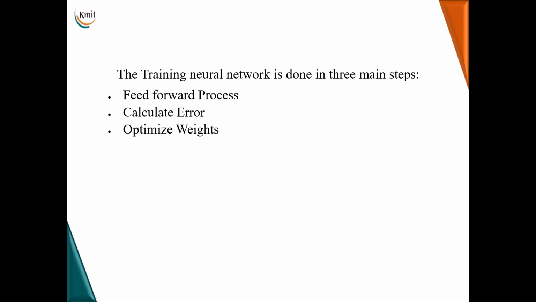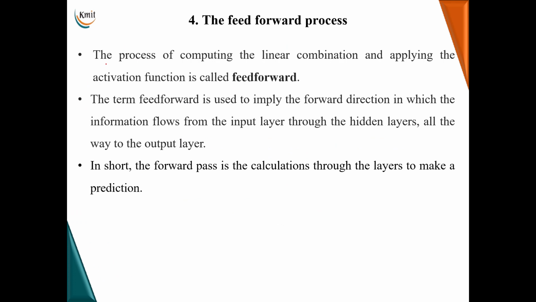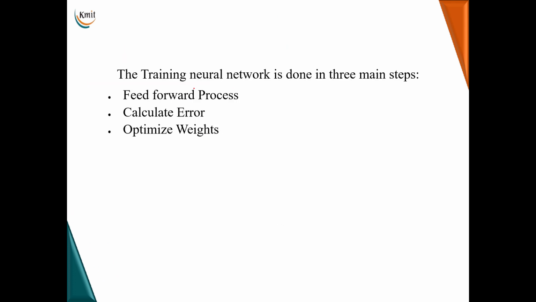So training a neural network, that is an MLP model, will perform operations in three main steps. You have the feed forward process. Then we calculate the error, that is, I get the predicted output here, and how far this predicted output is from my true value is found by calculating the error.